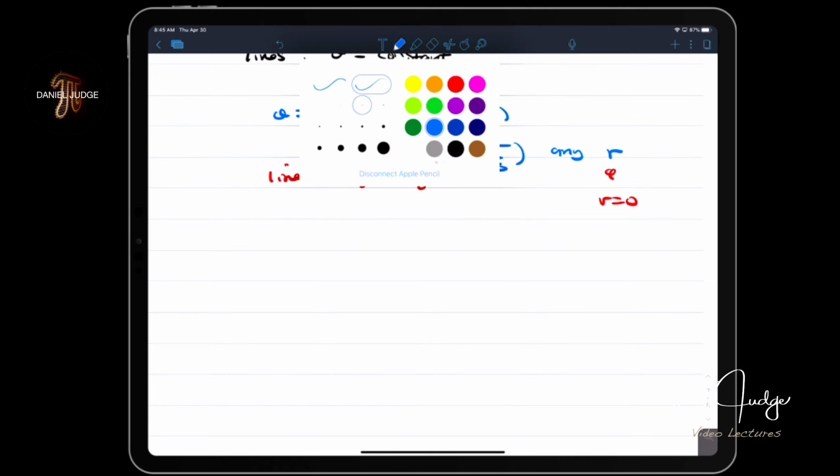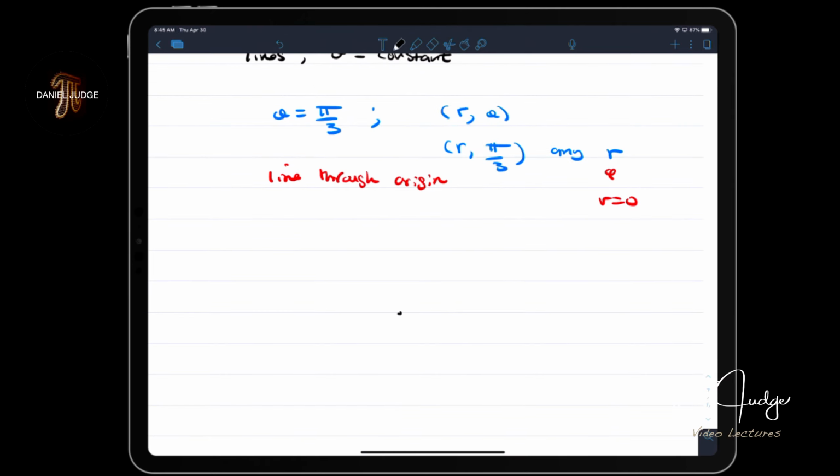I can say, okay, here's my pole. Here's a polar axis. I actually draw the Cartesian coordinate system on top all the time because it helps me with my angles. Pi over 3 is 60 degrees. So I know this is 60 degrees. So I know I have points along a 60-degree line here.